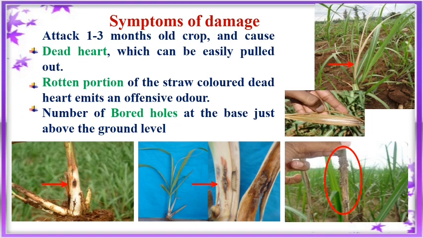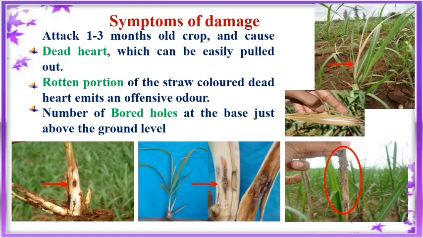The early shoot borer makes a hole on the surface of the stem just above the ground level, enters inside the shoot or stem of the sugarcane crop and feeds on the inner content. As a result of feeding, in case of severe infestation, the infested shoot or stem withers and dries up, and this symptom is called dead heart.